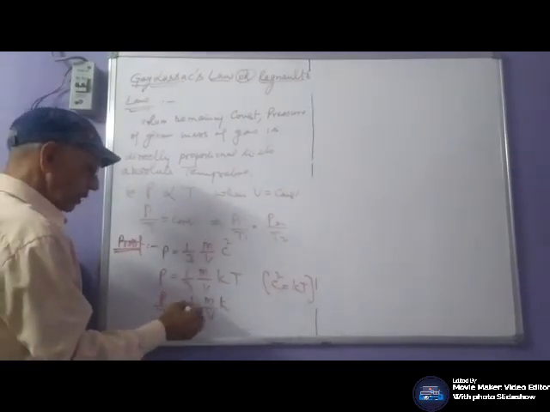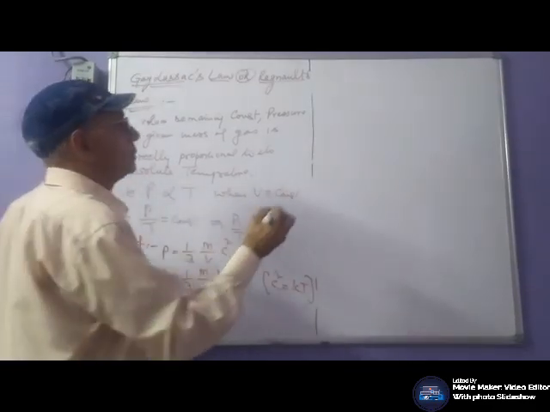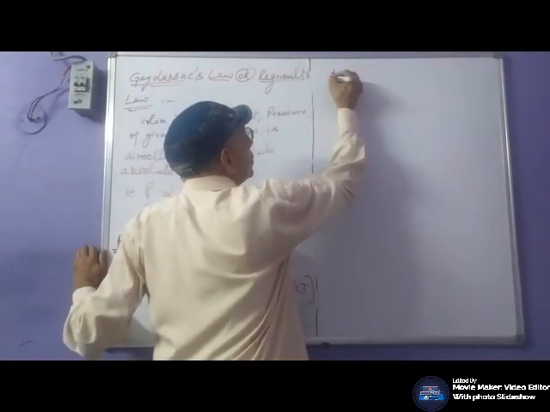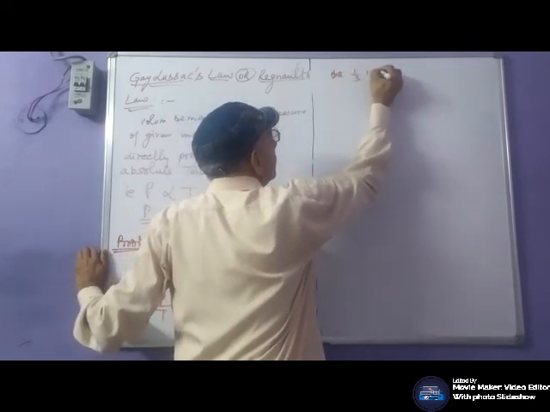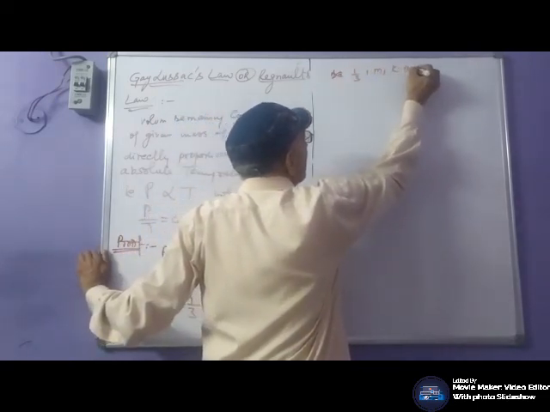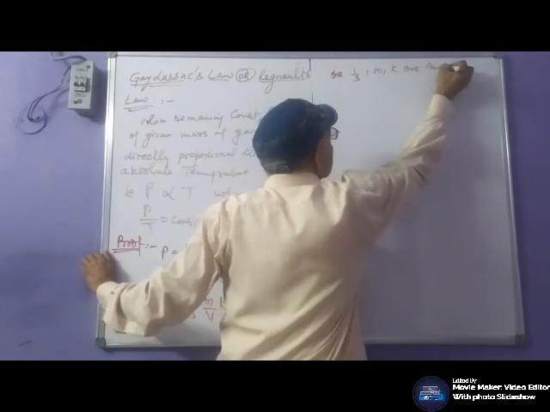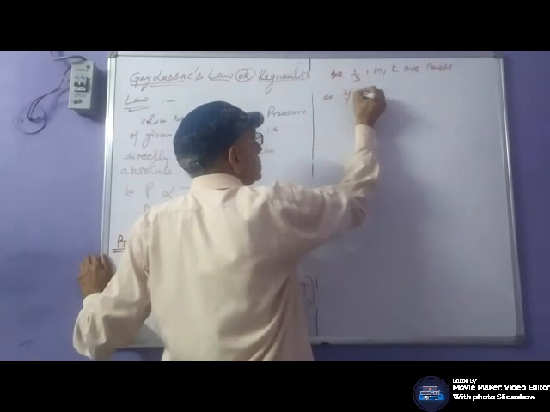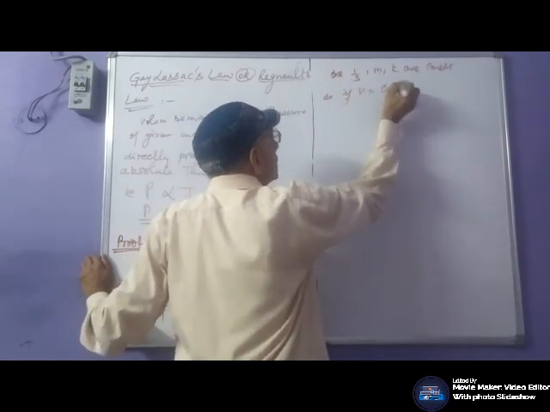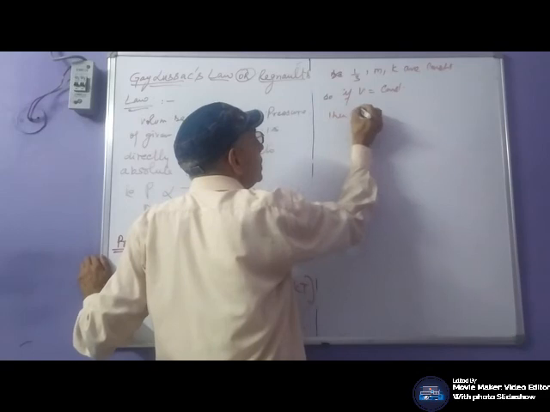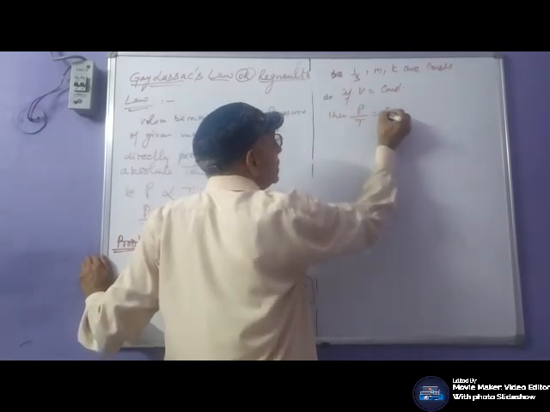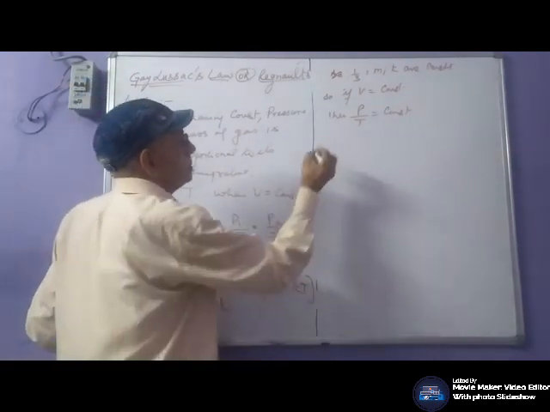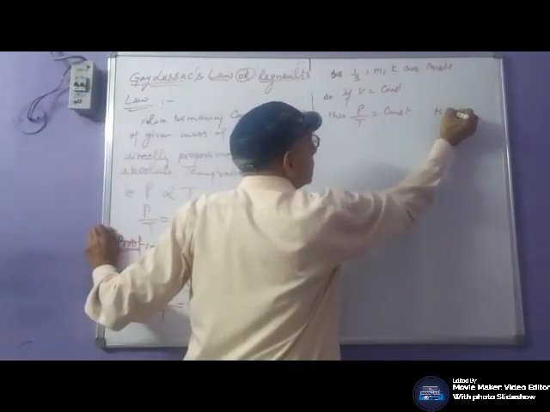These three, 1 by 3 m k, are constants. So if V is constant, then P by T is constant. Hence proved.